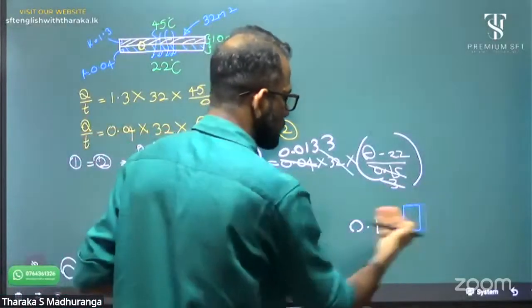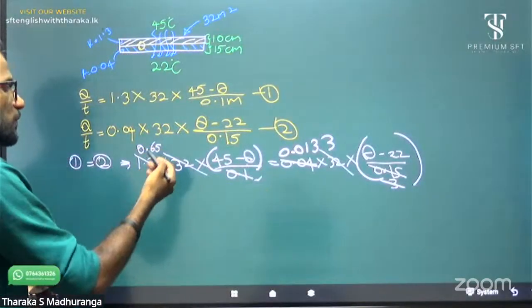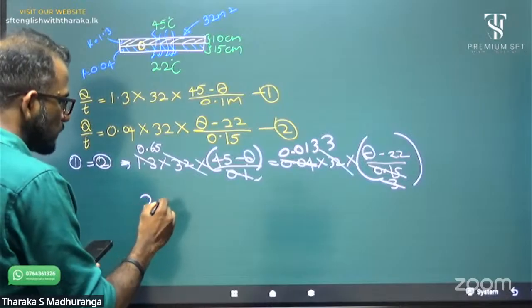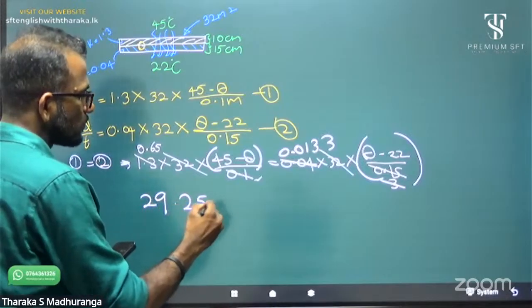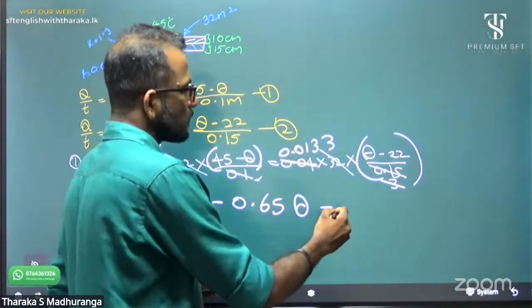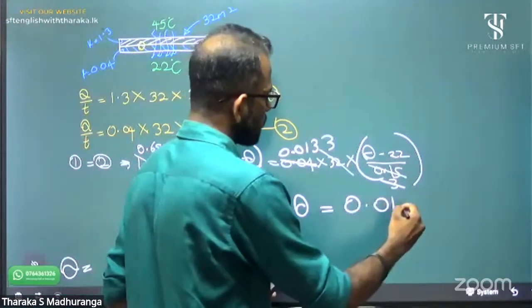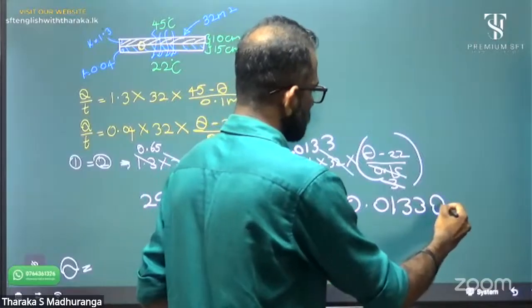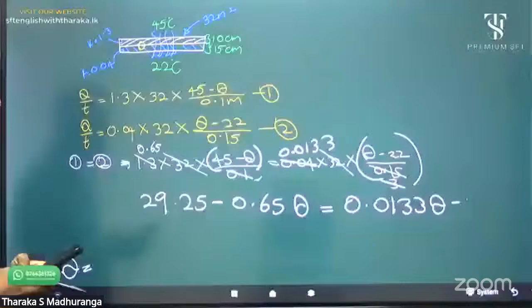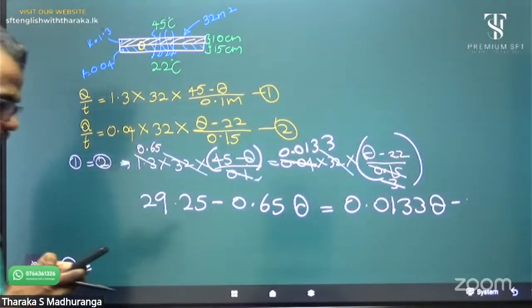Okay, let's do this way. 0.65 into 45. 29.25 minus 0.65 theta. 0.0133 theta minus 22.